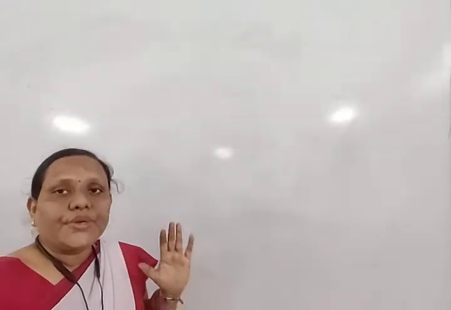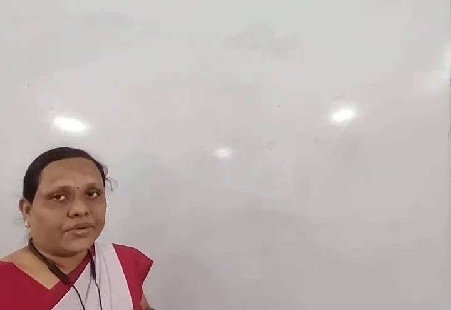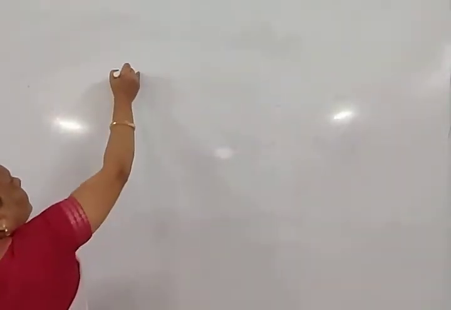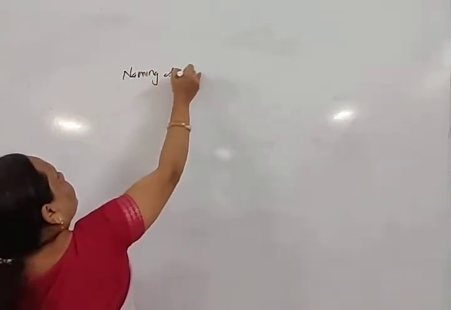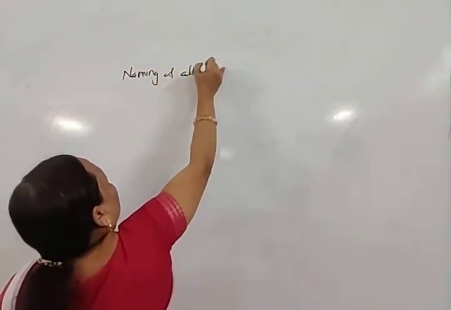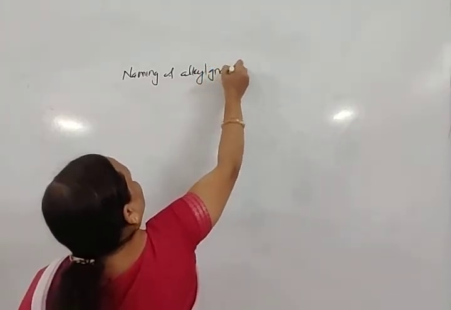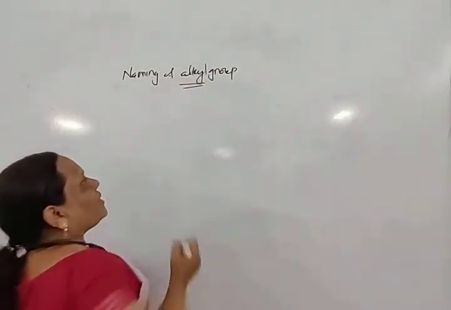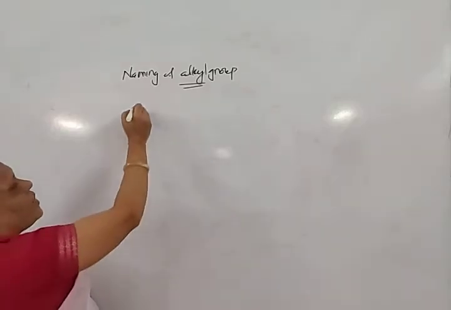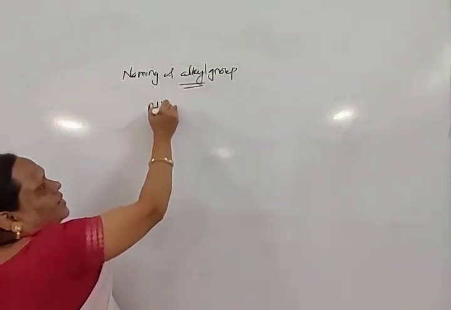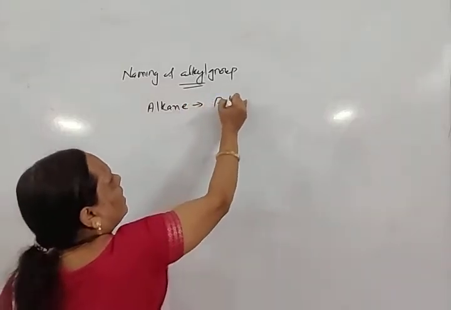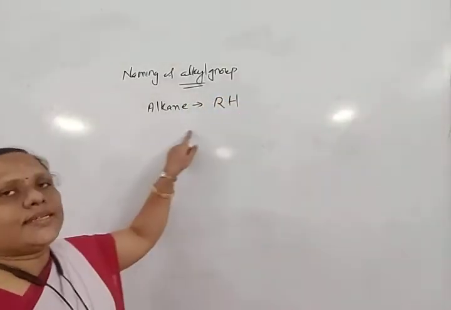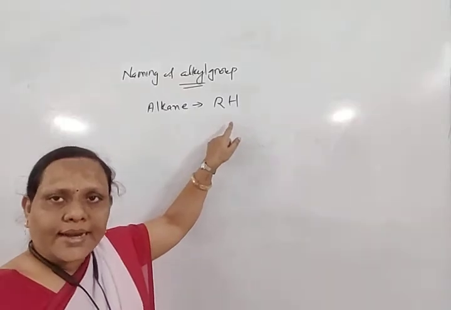Next, how to name these alkyl groups. So what are these alkyl groups? Look here. Alkanes are generally represented as RH.